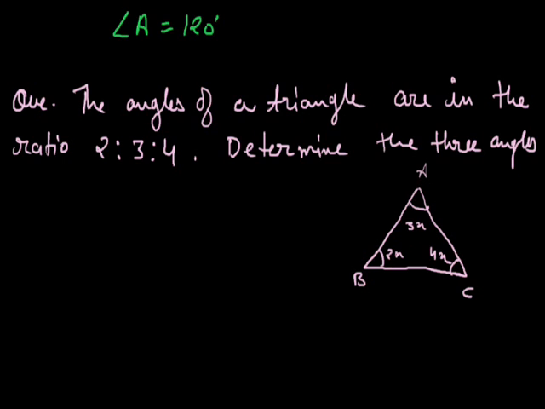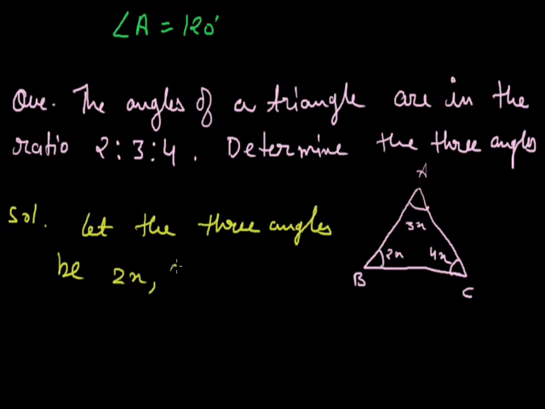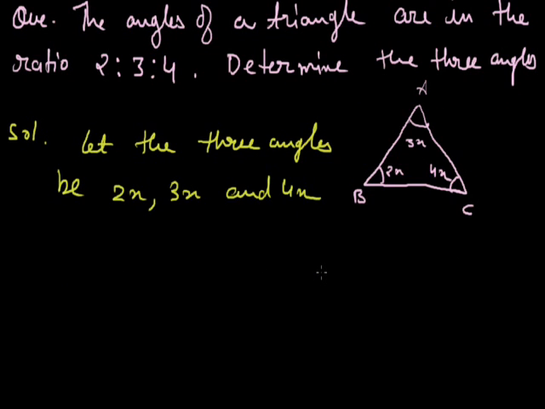So to solve this type of question, we can say let the three angles be 2x, 3x and 4x. Now we know that the sum of all the angles of a triangle is equals to 180 degree. So again we will apply this property, that is 2x plus 3x plus 4x is equals to 180 degree. Now total sum of this will be 9x is equals to 180 degree.